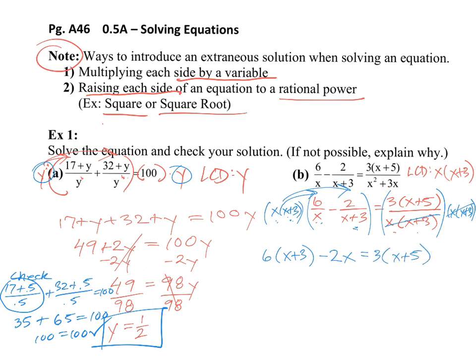All right, distributing, I get 6x plus 18 minus 2x equals 3x plus 15. All right, and combining like terms, I get 4x plus 18 equals 3x plus 15.